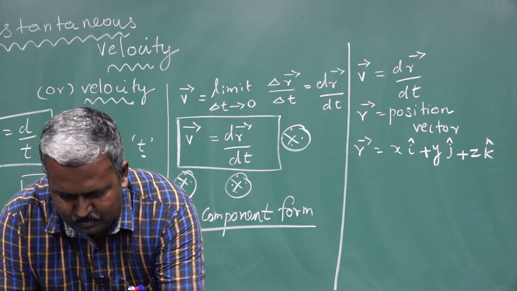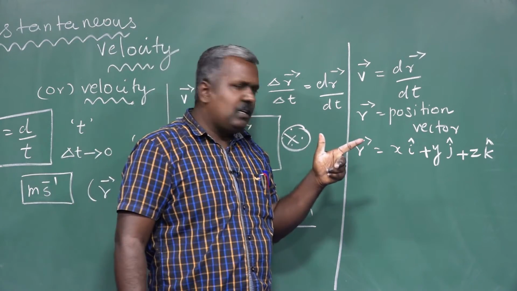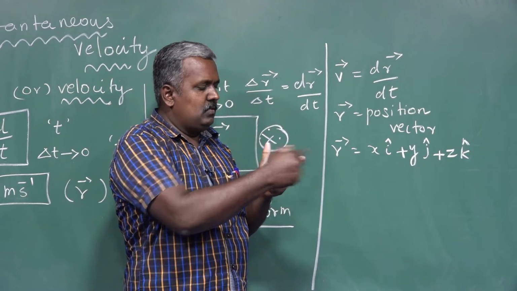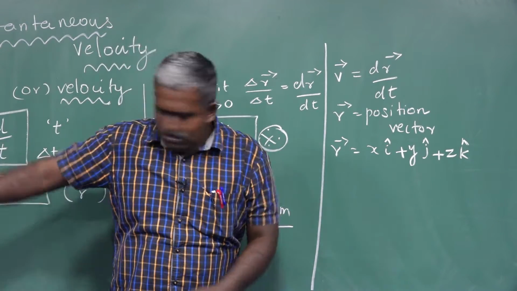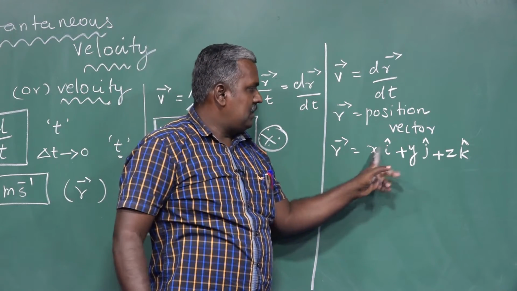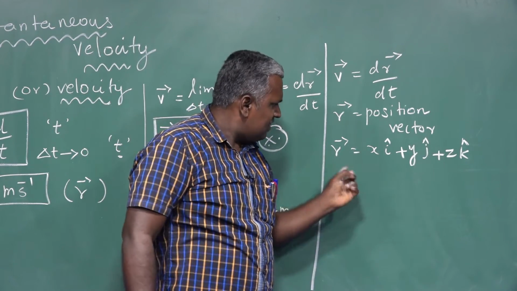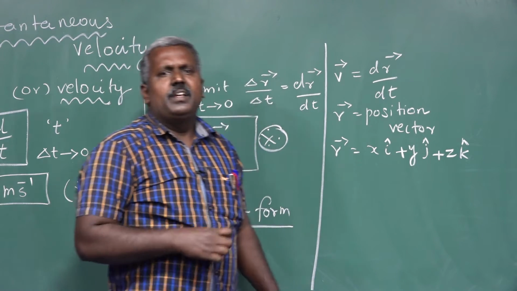That means there are mainly three axes, no? X axis, y axis, z axis. Okay, x, y and z axis like this. This is the position vector. What is meant by i, j and k cap? Unit vectors.